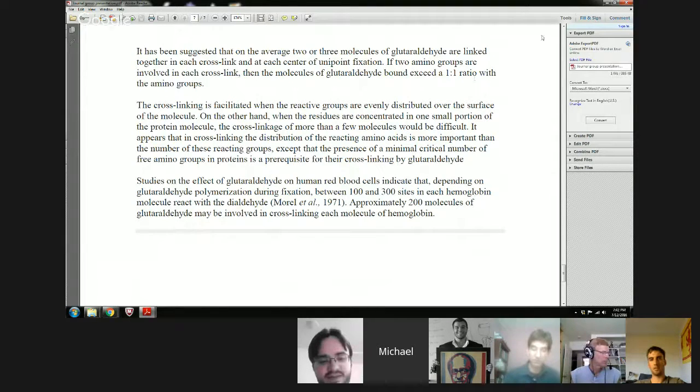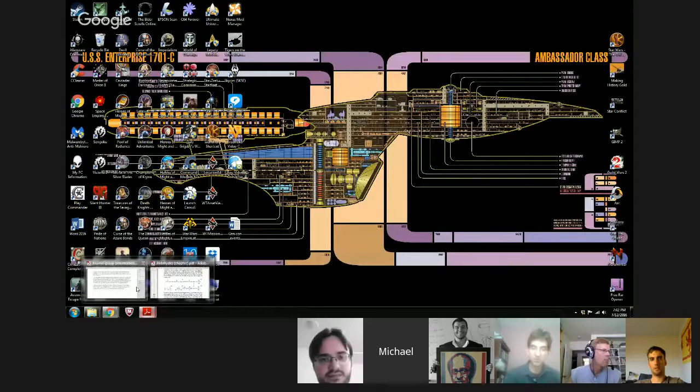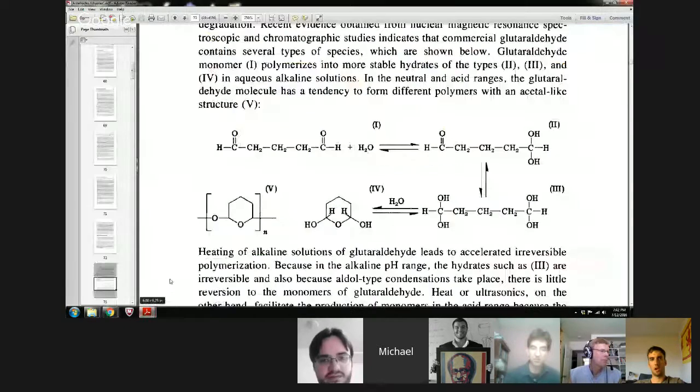Okay, so that's the question of whether it naturally forms the polymers that are needed on its own. I don't know, but when it comes to ultrastructure, there's basically no difference. Okay. So whether you start with the pure form or not.